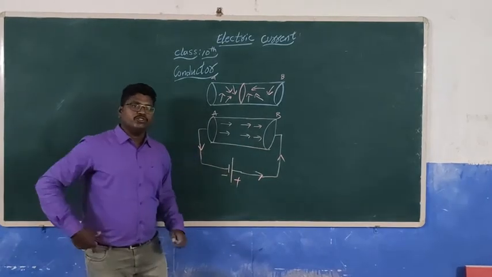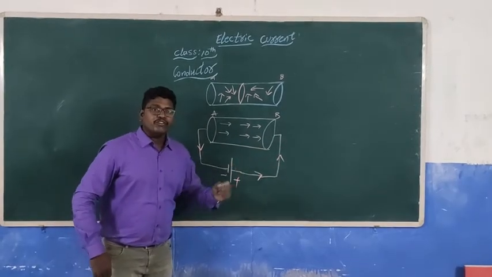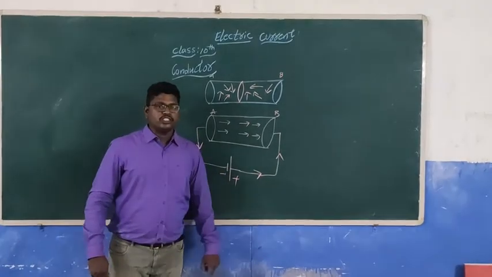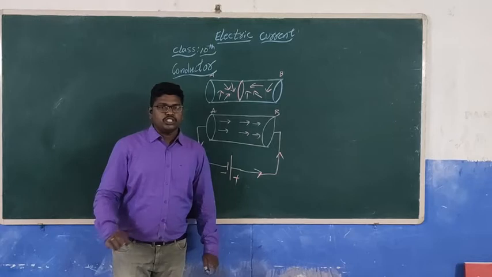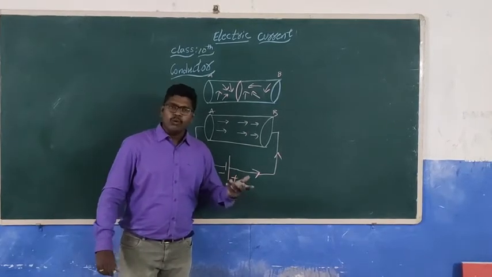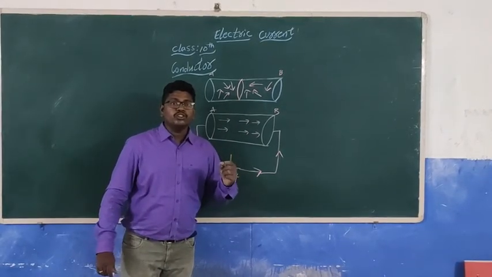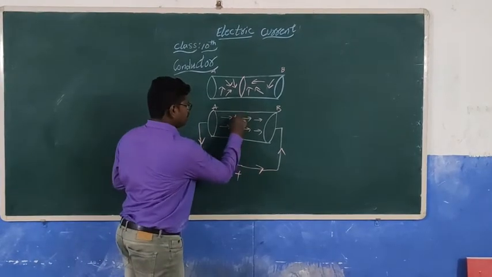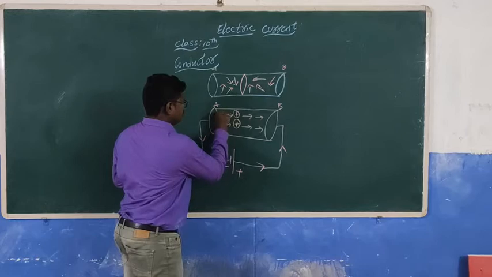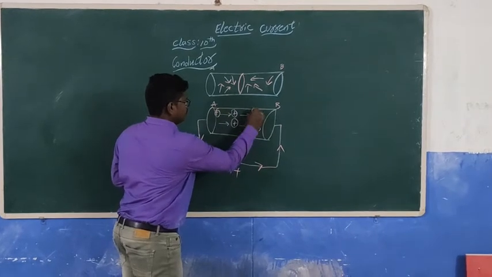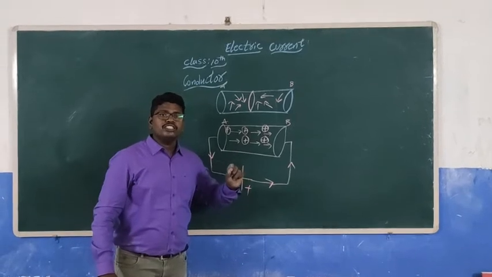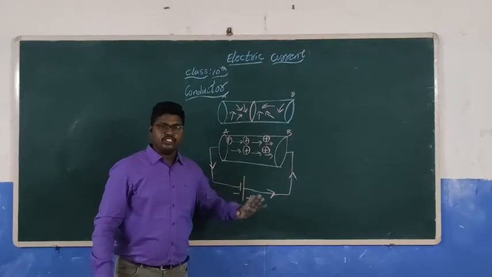Here we need to discuss one thing. In a conductor, which type of charges will be in motion? Only one type of charge, that is negative charge or electrons. What about positive charge? The positive charges will be at a fixed position.